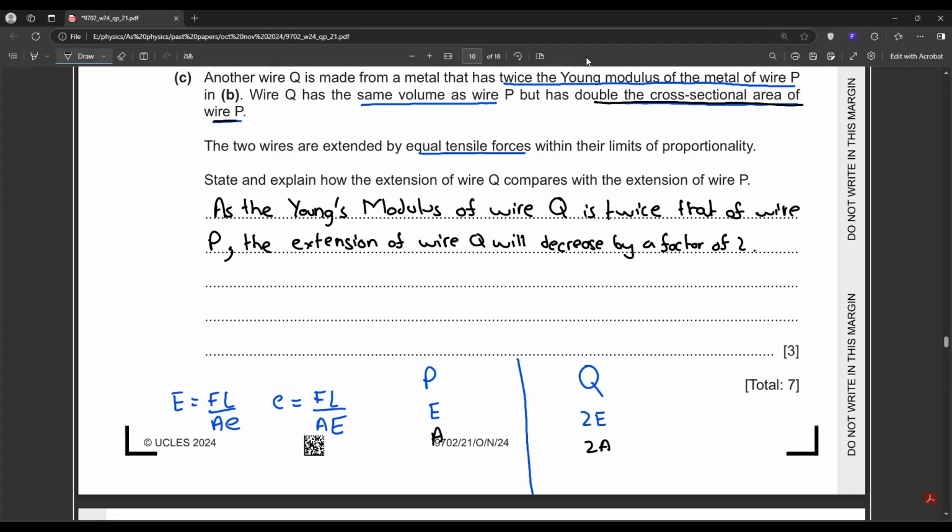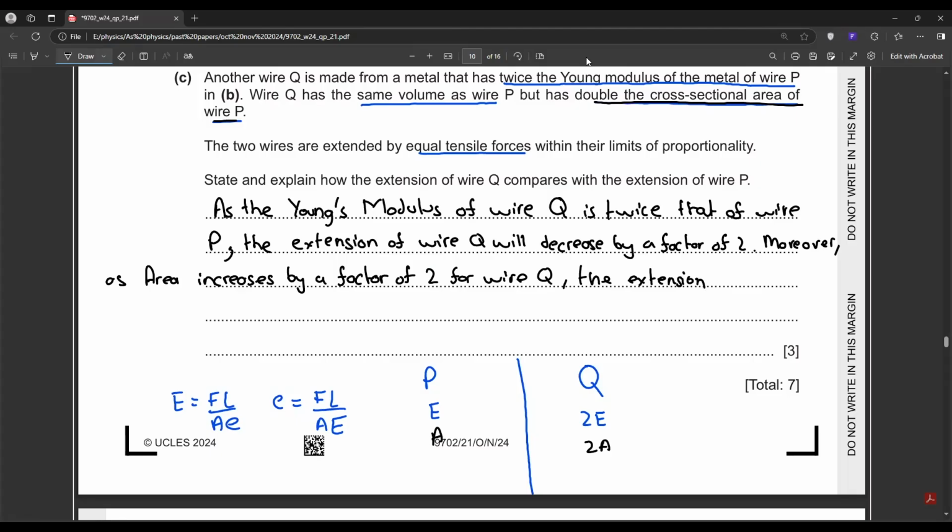Moreover, as area increases by a factor of 2 for wire Q, the extension decreases by a factor of 2.